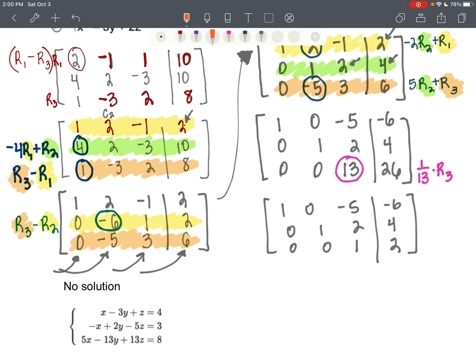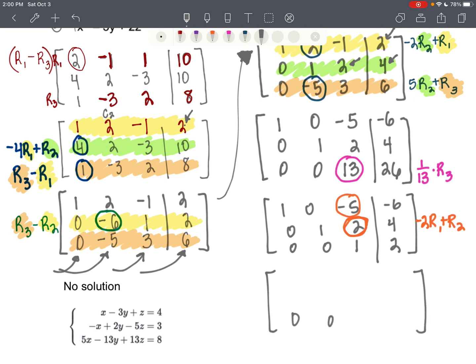And last but not least, we need to make these two values 0. So hopefully you guessed it, we're going to take row 3 and multiply it by negative 2, because negative 2 will give me an additive inverse of positive 2, and we'll add it to row 2. Let's do that one first.